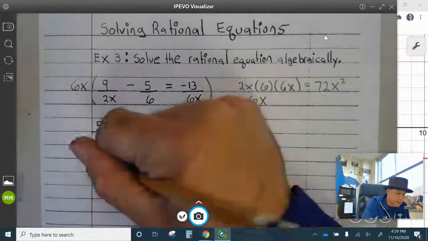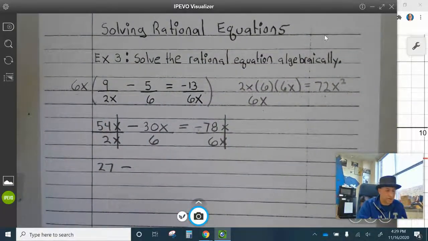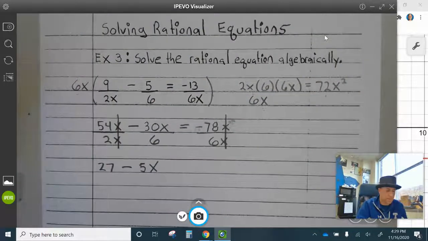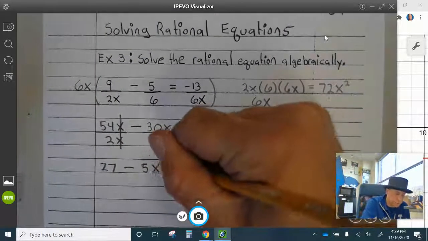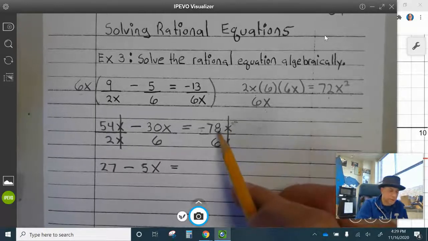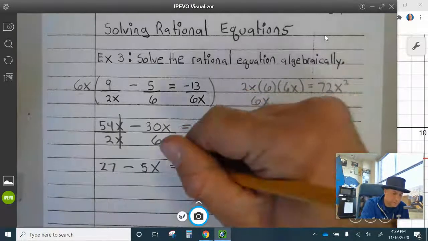And then minus 30x divided by 6 is minus 5x equals negative 78 divided by 6 is minus 13.